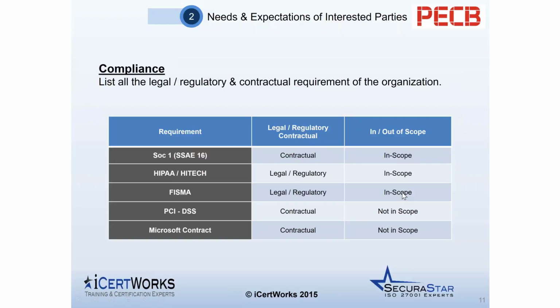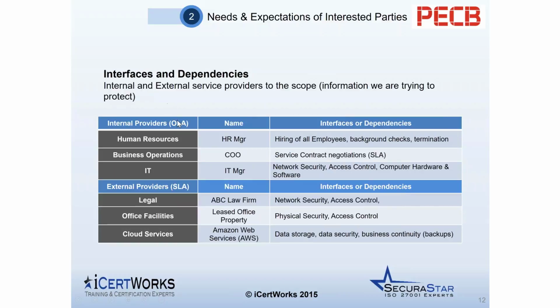Also, we're going to consider interfaces and dependencies that we rely on for our products and services. So you'll see here that we have internal providers, things like human resources, business operations, IT, and then we'll see here who's the responsible party within those: the IT manager, the HR manager, the chief operations officer. Then interfaces and dependencies: the hiring of all employees, background checks internally within the scope.